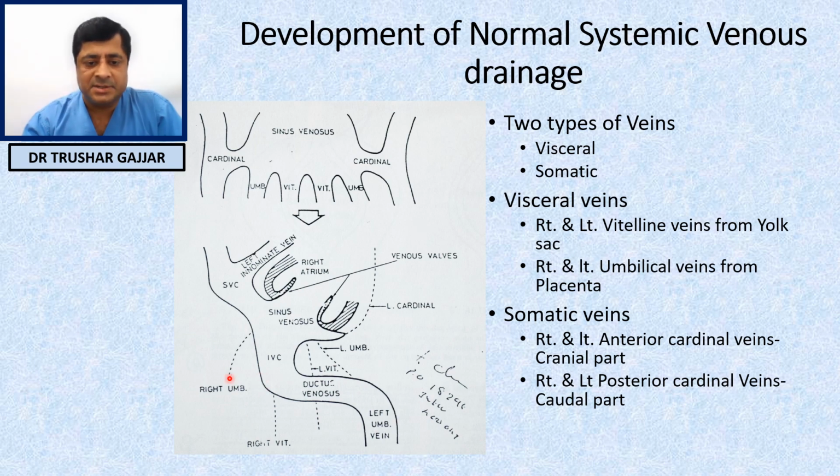So if you see in this picture, the right umbilical vein distal part disappears. The right vitelline vein distal part disappears. Part of it remains patent. Left vitelline vein disappears. Left umbilical vein disappears proximally, and ultimately what we see is the left umbilical vein continuing as the ductus venosus, which we'll see will form in the liver.